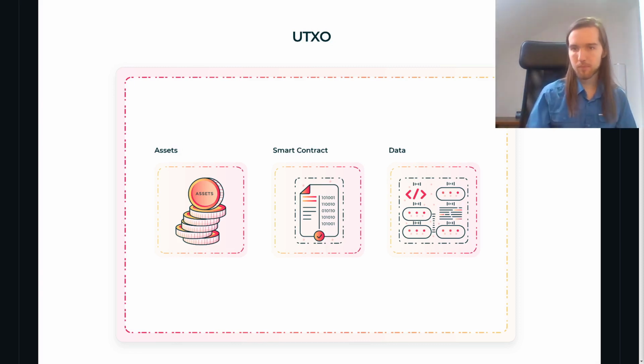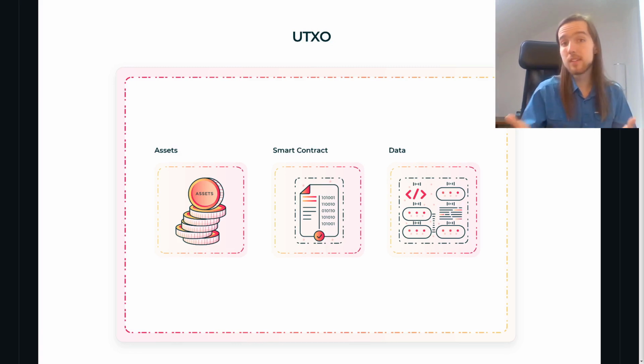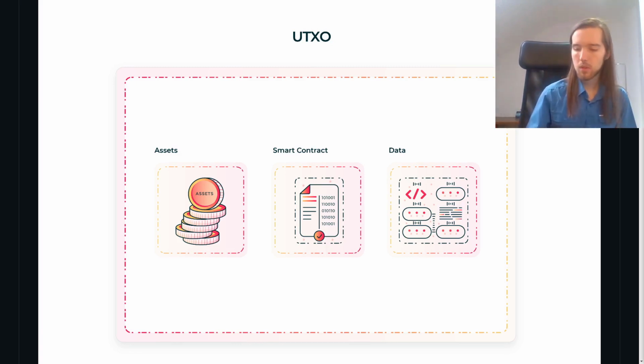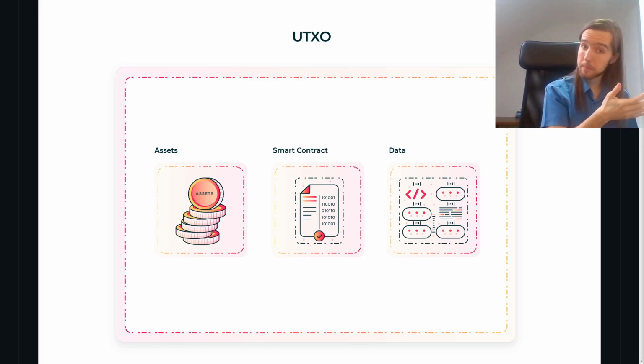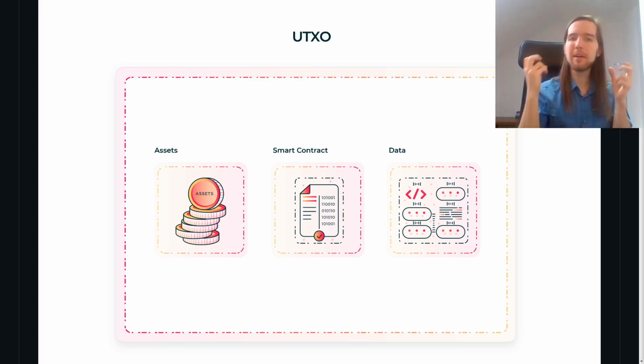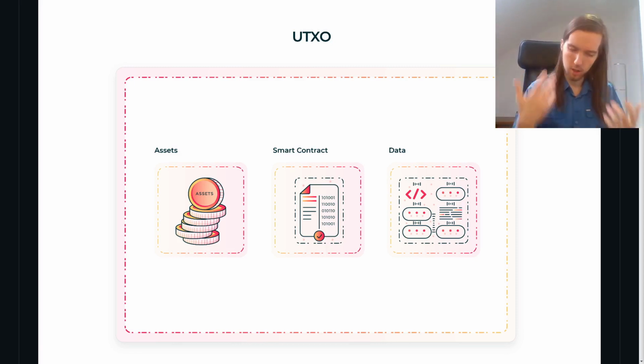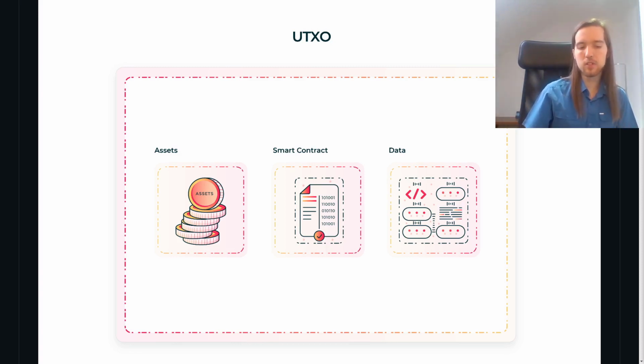Now, with that all said and done, what is the extended UTXO model? In short, what we had on Bitcoin was quite powerful, and so we actually had Bitcoin script. And so that's a rudimentary contract language. Maybe not a smart contract language, but a contract language on Bitcoin that's quite limited. In the extended UTXO model, what we have are more powerful languages, as I mentioned, ErgoScript and Plutus, for Ergo and Cardano, respectively.